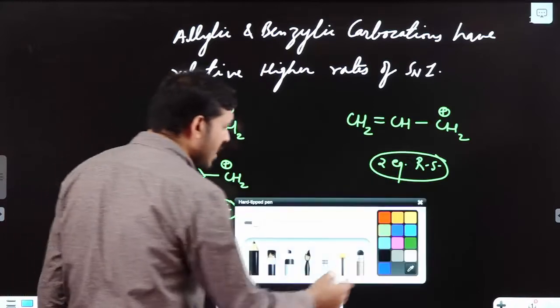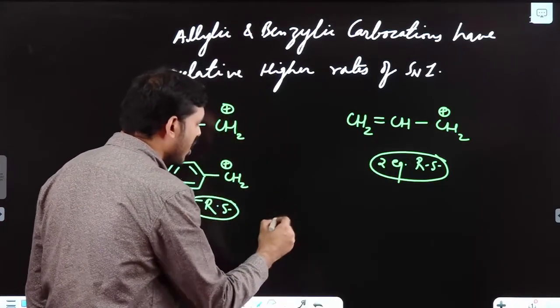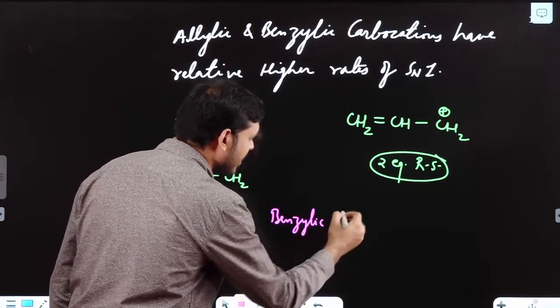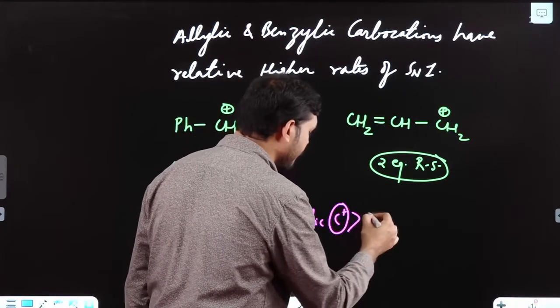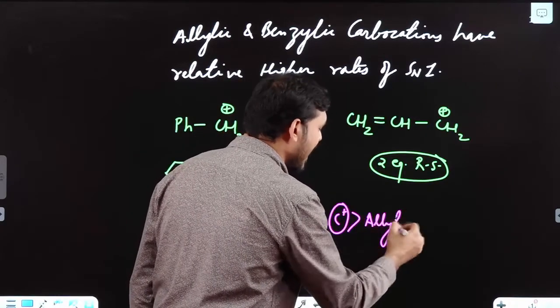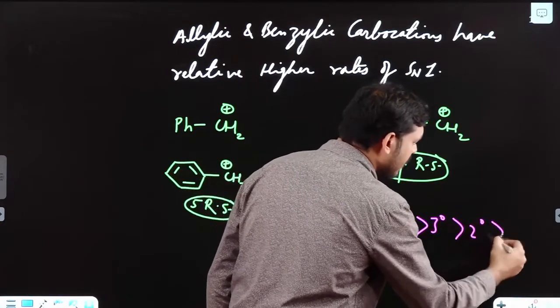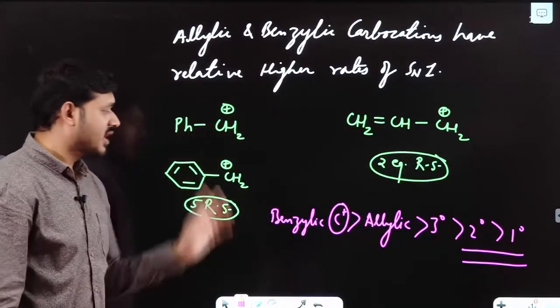Okay, so if I have to conclude about the rate of SN1, then I can say the order will be benzylic carbocation will be higher rate for SN1, then allylic, then you say 3 degree, 2 degree, then 1 degree carbocation. Okay, clear to you? Remember this point.